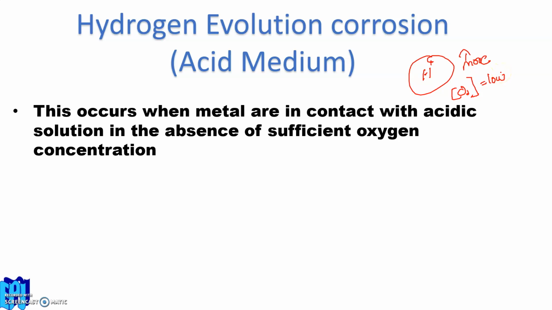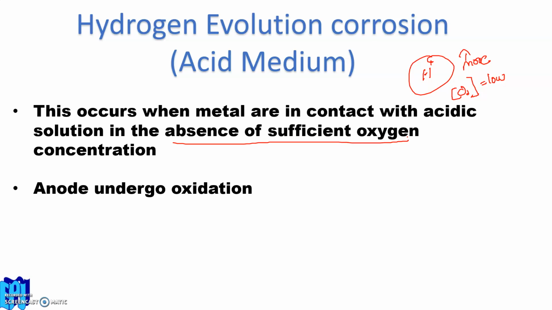So when oxygen is absent, hydrogen evolution takes place. If sufficient oxygen exists, oxygen absorption takes place. Here, in the absence of sufficient oxygen, which means oxygen is less, hydrogen evolution takes place.